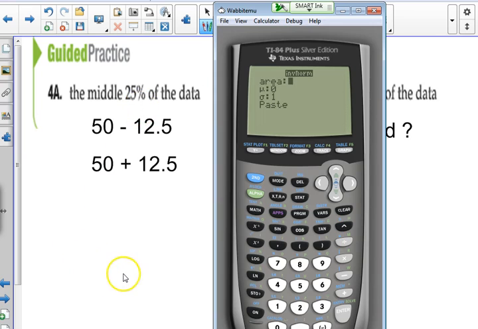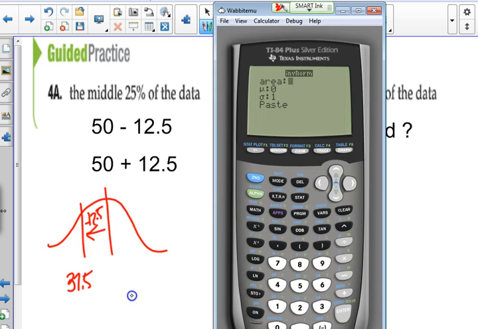25%, what's the percentage you're looking for? Okay. This is 50. If you go 12.5 below that, what's 50 minus 12.5, guys? 37.5. Did I do that right? If you go 12.5 above 50, you'd be at 62.5.